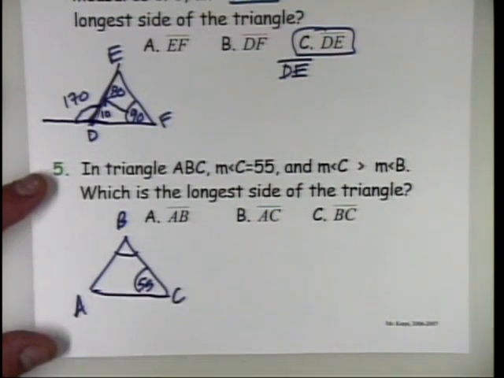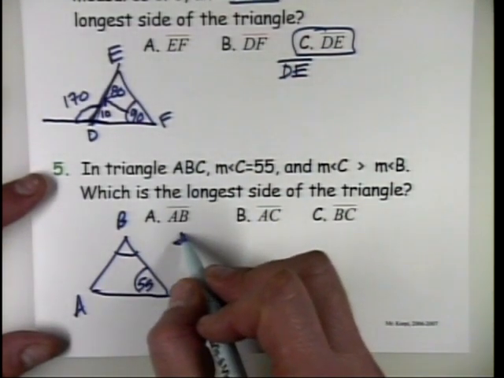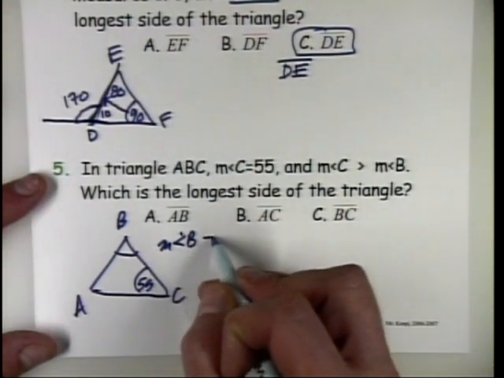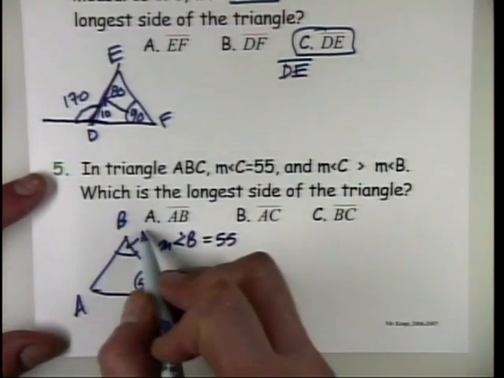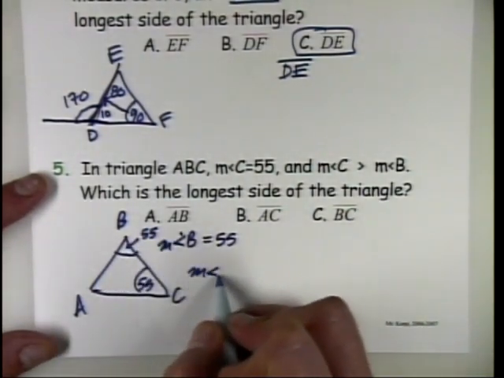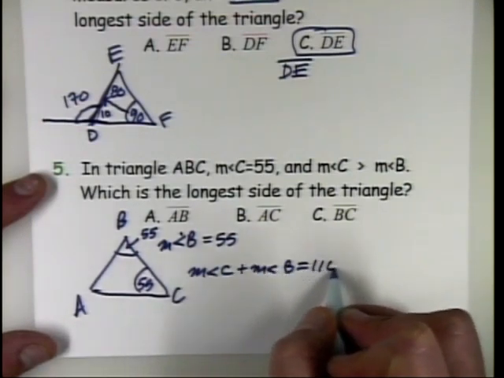Well, here's what we could do. We could do worst case scenario. Let's assume that the measure of angle B is as big as possible. Okay? Let's say it's actually 55, which would make it the same as angle C. So if that's 55, those two add to 110. So the measure of angle C plus the measure of angle B equal 110.